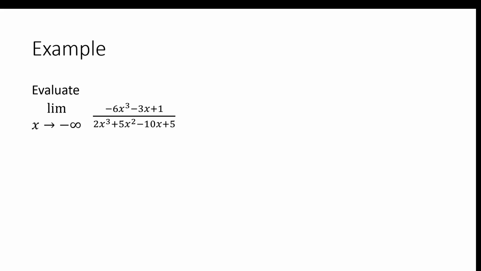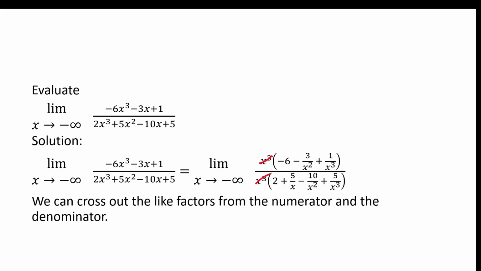The limit as x goes to negative infinity of this rational function shown here. Well, we see the degree of the numerator is 3 and the degree of the denominator is 3, so we can factor x cubed from top and bottom. We can then cross those out, and now we're left with the expressions you see there.